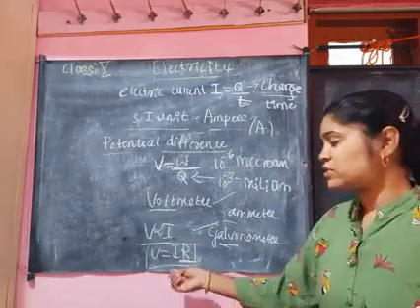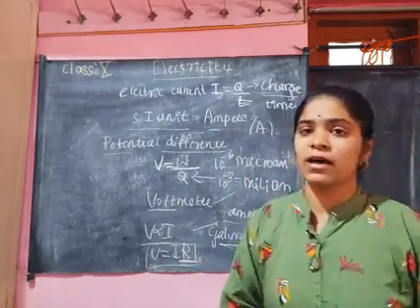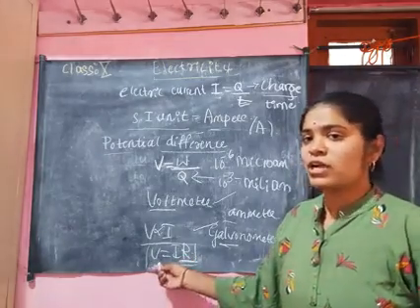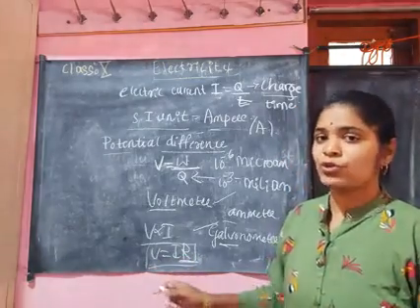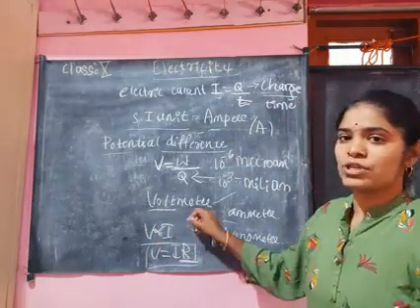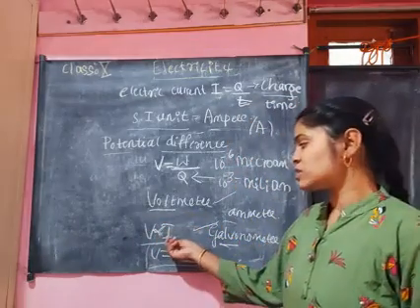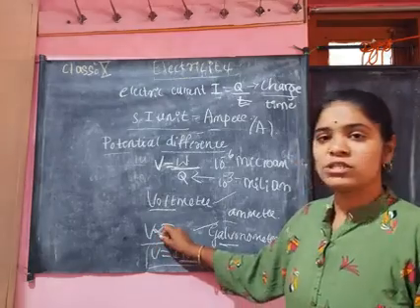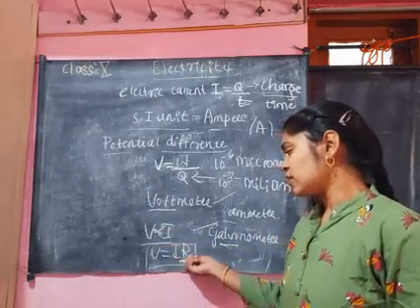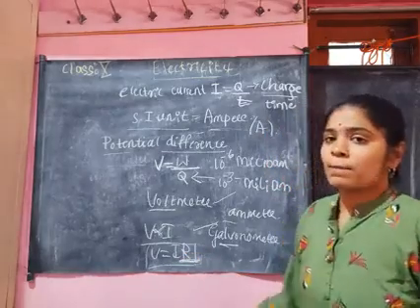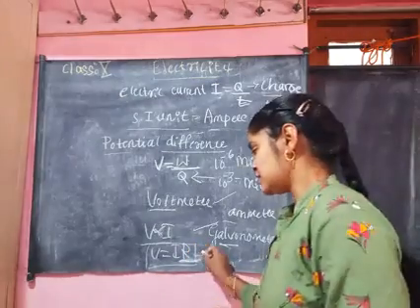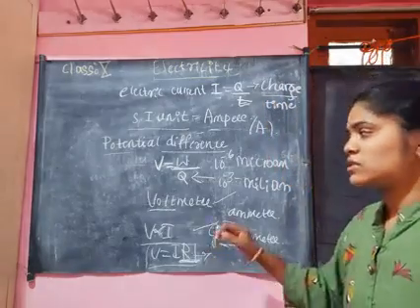By observing this formula, you can easily write the statement of Ohm's law: the potential difference in the electrical circuit is directly proportional to the electrical current produced in that circuit. To remove the proportionality sign, we add the proportionality constant, that is R, the resistor. So this is Ohm's law.